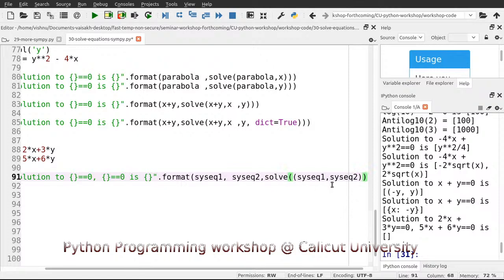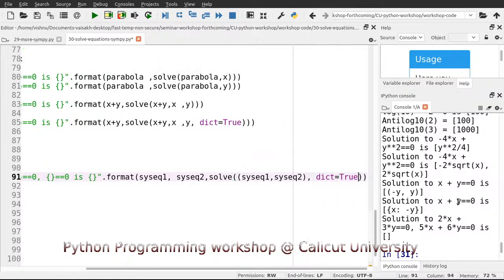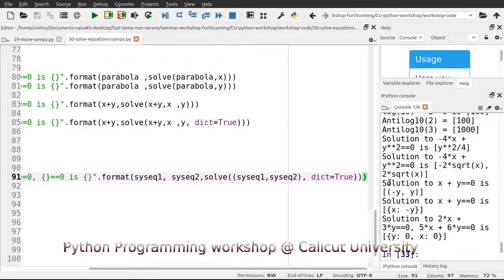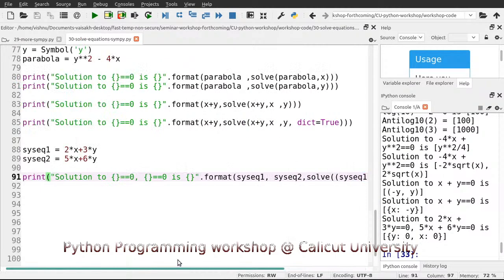There are multiple, so we need to be a little bit more careful. Expression 1, one more bracket is required. Okay, the solution here is x equal to 0, y equal to 0. Naturally expected because this is invertible.